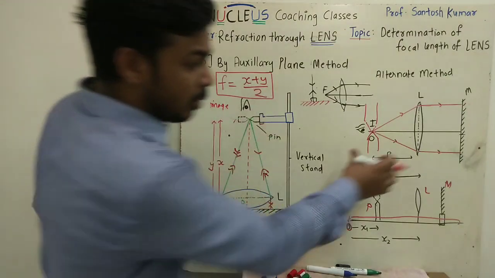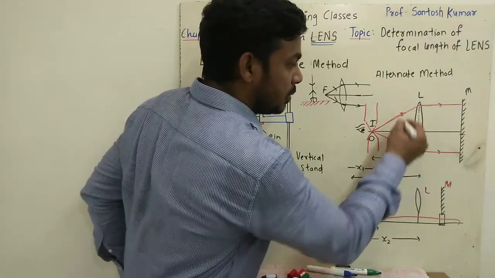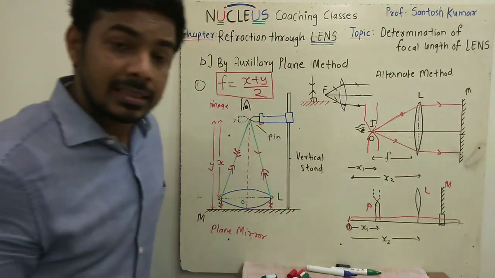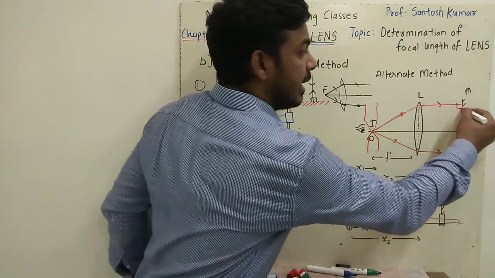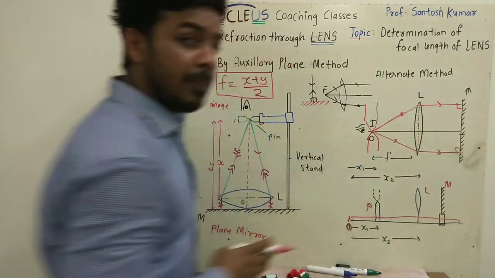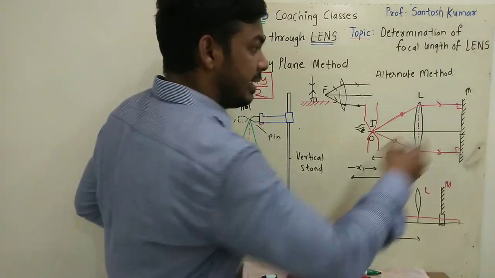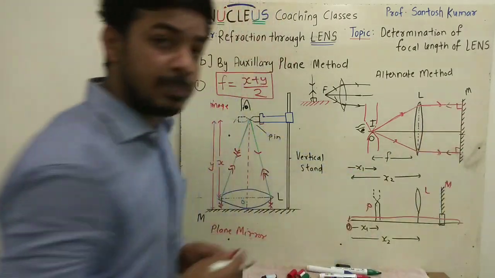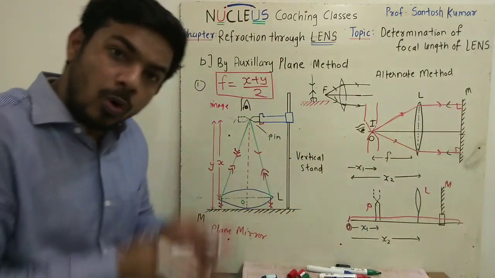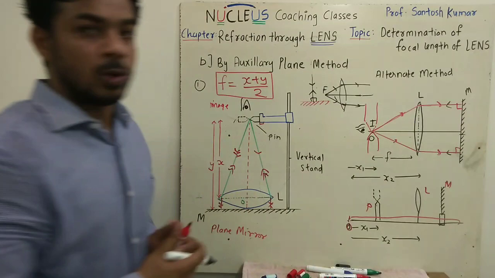So what we can see from the ray diagram: the rays from the object after refraction through the lens travel parallel to the principal axis, and somewhere they are incident on the mirror. How? Perpendicular. Definitely if the rays are incident perpendicular to the mirror, they will retrace their path. So the ray after retracing its path will again meet at O only. So the image I is obtained.